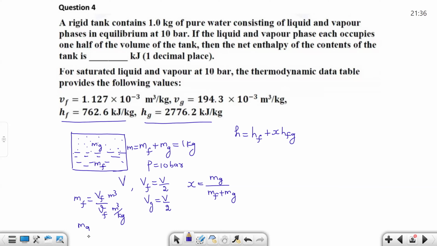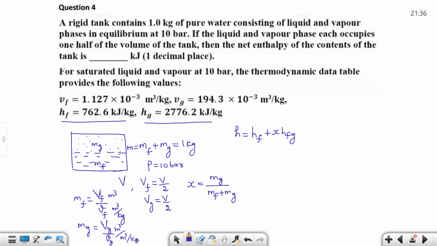Similarly, mass of gas is Vg by specific volume, meter cube by meter cube per kg.